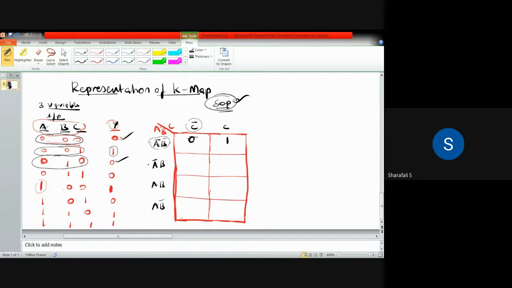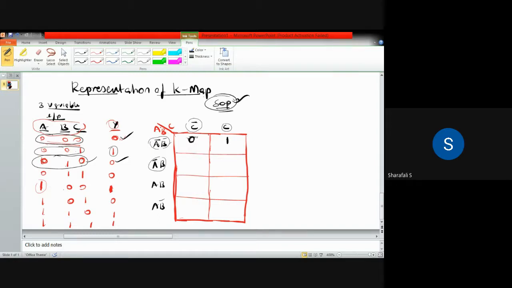Let us consider A bar B C. Sorry, A bar B C bar we have to consider here, because corresponding to C we have 0 here, corresponding to A we have 0 here, and in the B column we have 1.